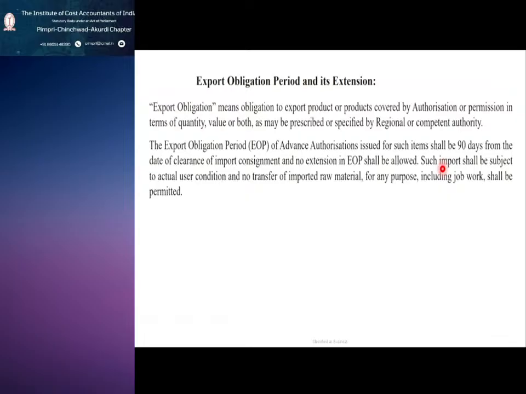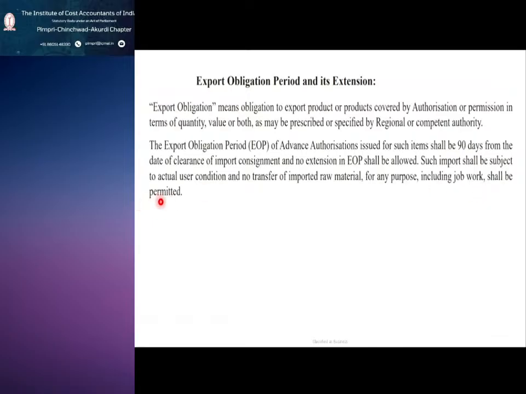Generally, in normal cases, it is 18 months, but as in our material, it is clearly given for such items, it should be 90 days from the date of clearance of import consignment, and no extension shall be allowed. Such import is subject to actual user condition and no transfer of imported raw material for any purpose including job work shall be permitted.